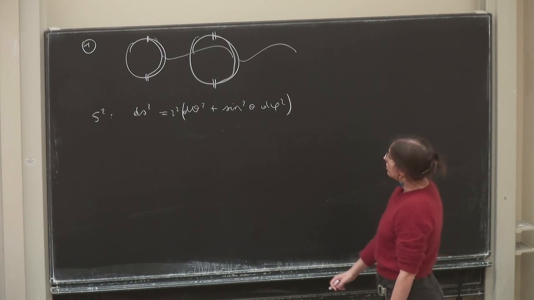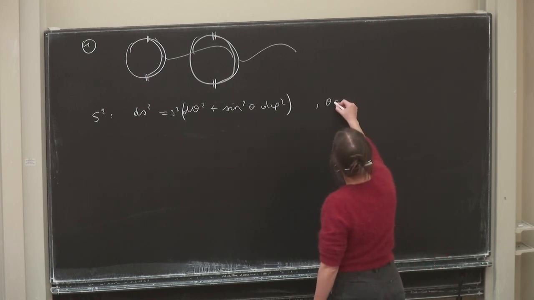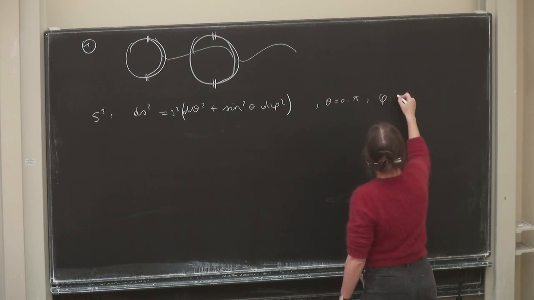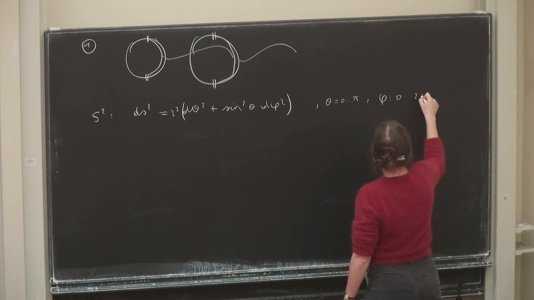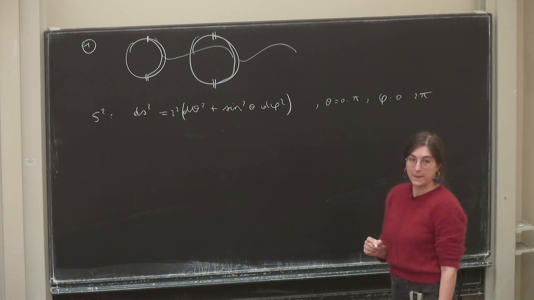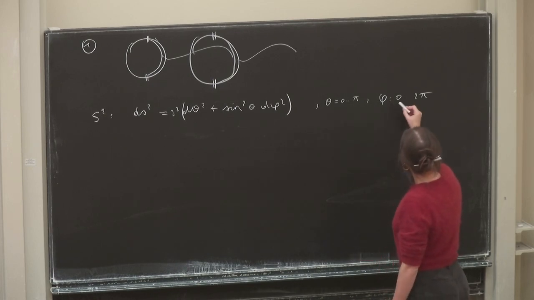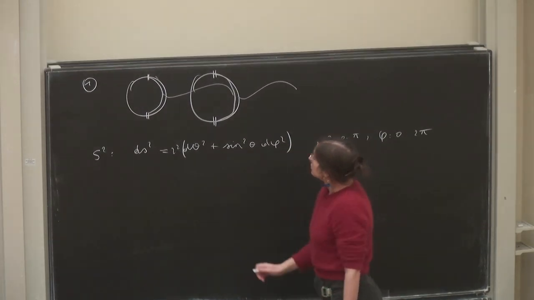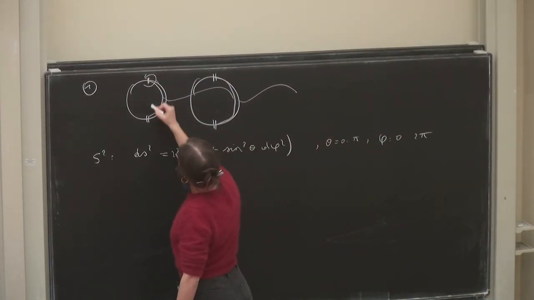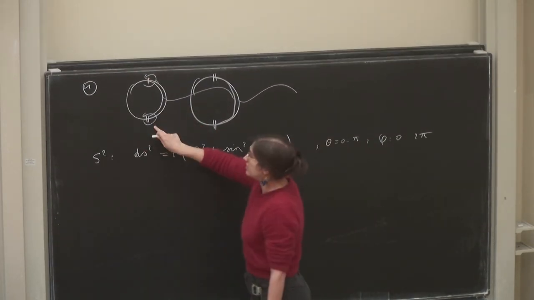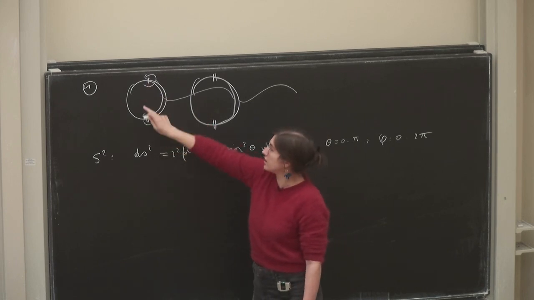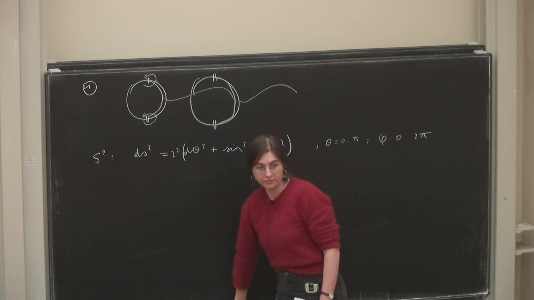And so the range of the coordinates is theta from 0 to pi, phi from 0 to 2 pi, and then you identify. And phi from 0 to 2 pi is the right angle for there not to be any conical singularities when you circle the point theta is 0 and theta is pi. Okay.